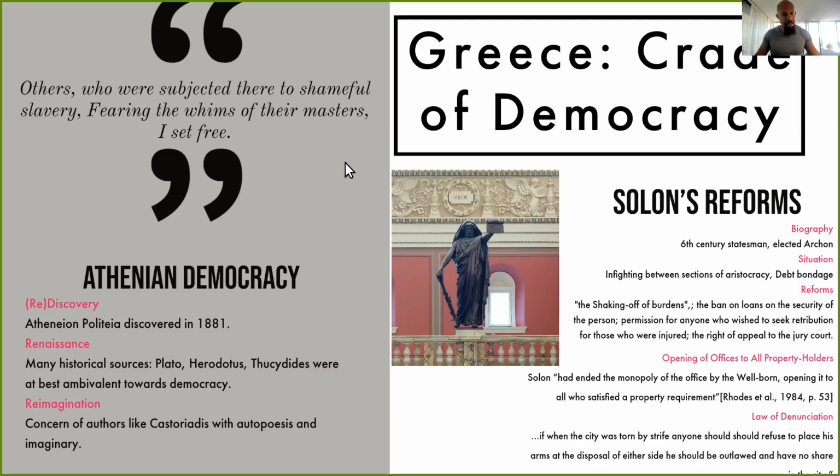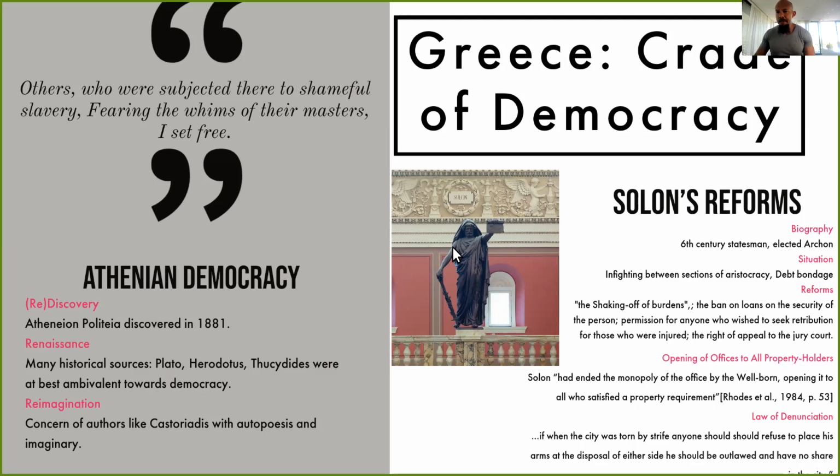These authors quite successfully colored many scholars' impressions of the democratic practices of the past. Of course, they emphasized the problems rather than the benefits. And so it's left to authors of the late 19th and 20th centuries and our own current era to reimagine democratic practices in light of new information. That's why I'm very much interested in authors like Castoriadis with his notions of autopoiesis and the imaginary.